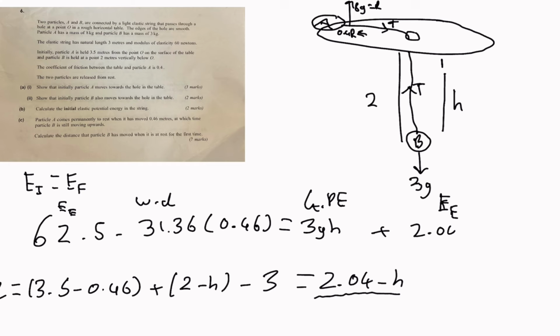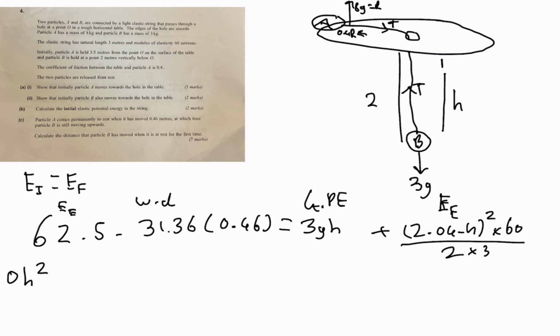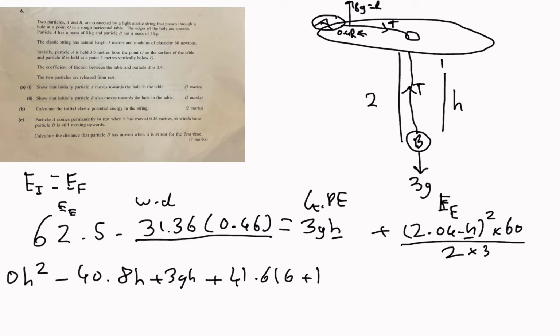If we substitute that into the equation, we get 2.04 take h squared times 60 over 2 times 3. Okay, so if we expand this out, we get 10h squared take 40.8h, add 3gh, add 41.616, add 14.4256, take 62.5.